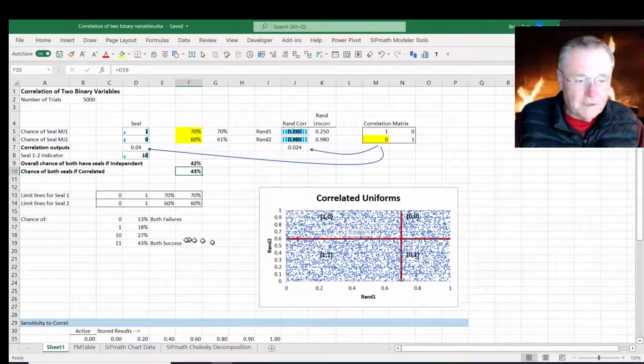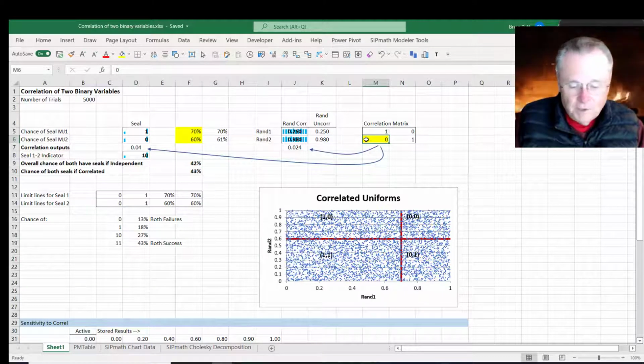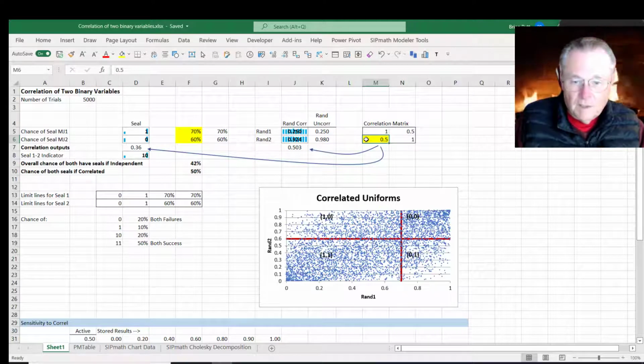So now let's ask a question. What happens if we change this correlation to 0.5? So we'll change this to 0.5. It calculated 5,000 trials. And now this correlation of 0.5 has gone to 0.503.